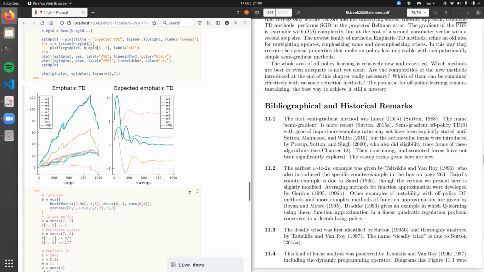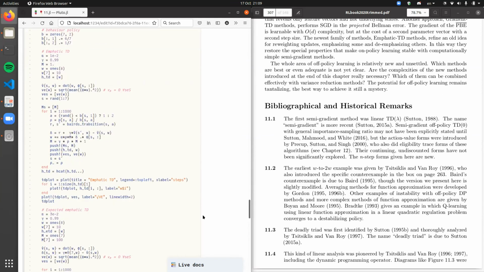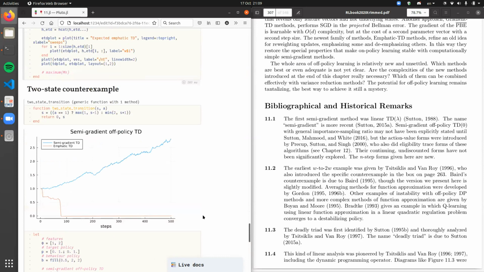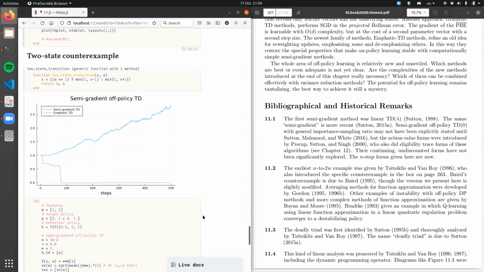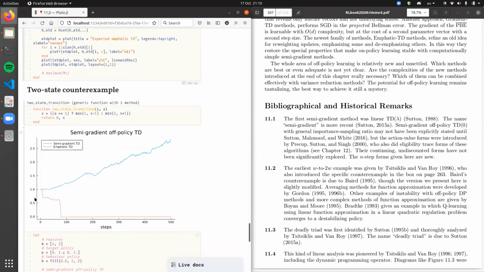All right, and I guess that's everything I had here. Yeah, I believe I showed this simpler two-state counterexample last time, and in this case the emphatic TD converges nicely while semi-gradient TD diverges.